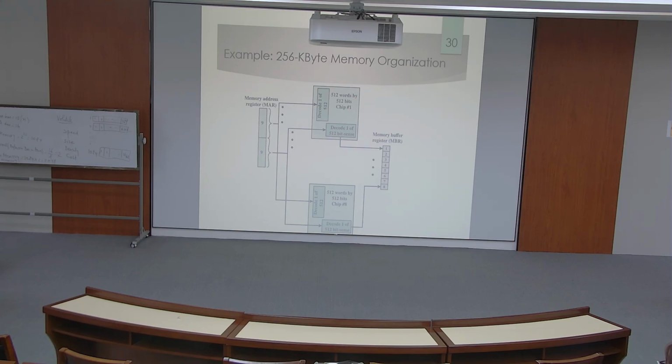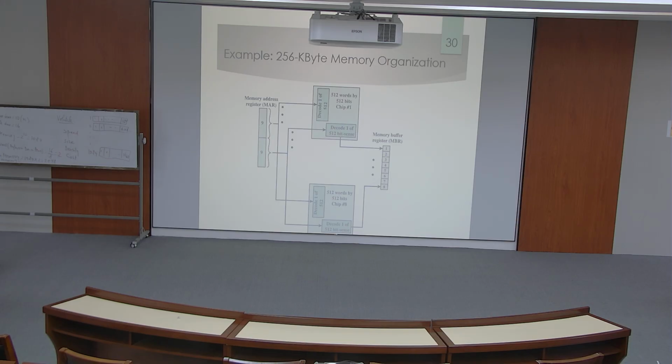256 kilobytes equals how many bytes? That means 256 times 1024 bytes. And when it comes to the organization, as depicted by this picture on the screen, each chip stores 512 words. Each word is 512 bits.